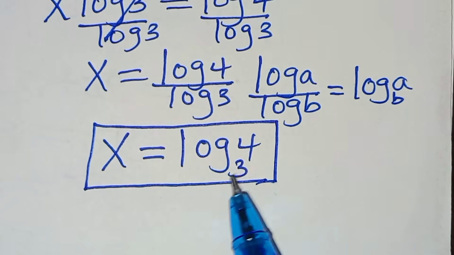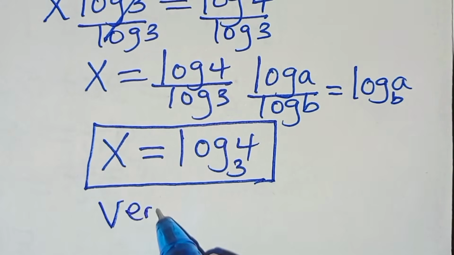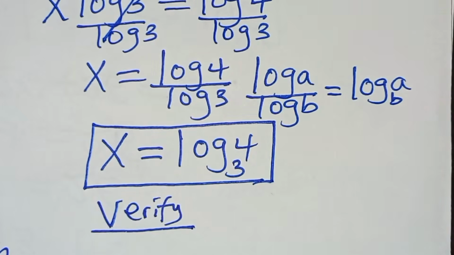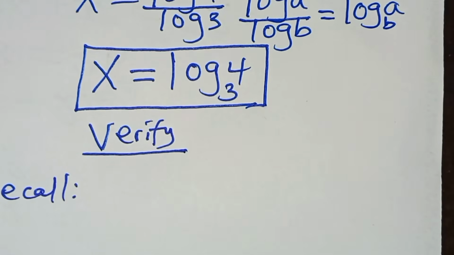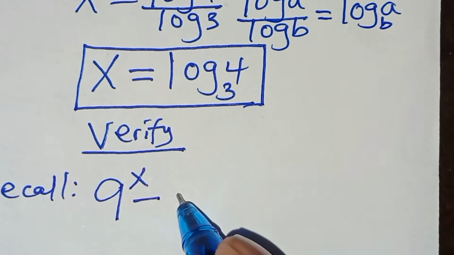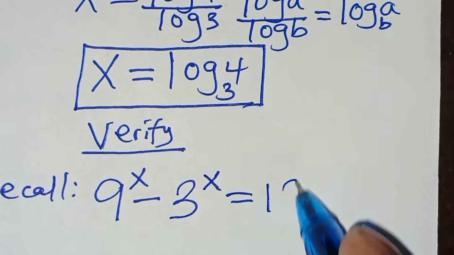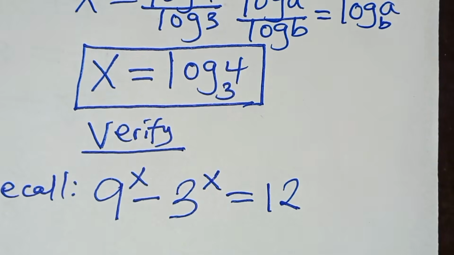So let's verify that this value of x actually satisfies the equation. Now, if you recall, we had 9 to power x, subtract 3 to power x. This is supposed to give us a value of 12. So let's substitute the value of x.